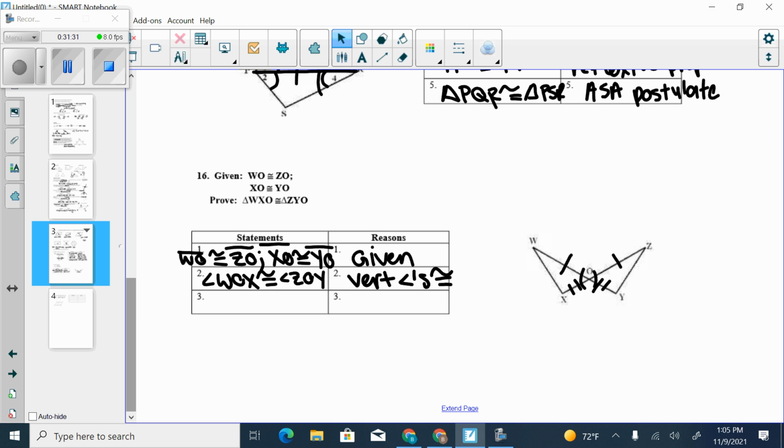Which we know are congruent. Okay, so they gave us 2 sets of congruent sides. We marked the congruent angles. Is that enough information to prove these triangles are congruent? Yes. So I can say that triangle WXO is congruent to triangle ZYO because of what postulate? We got our side angle side.